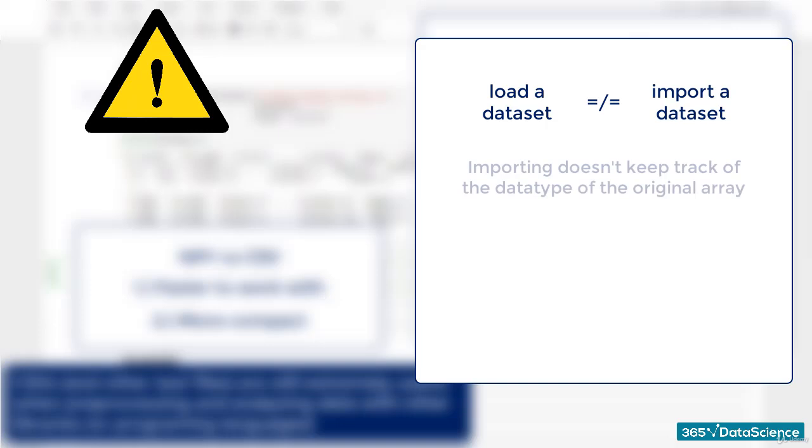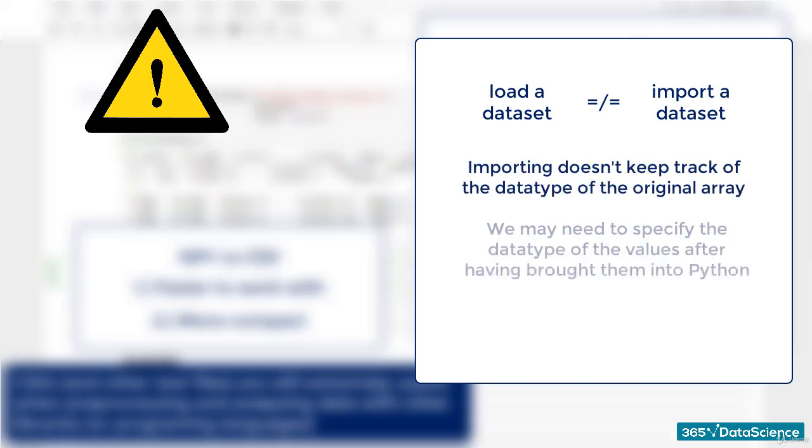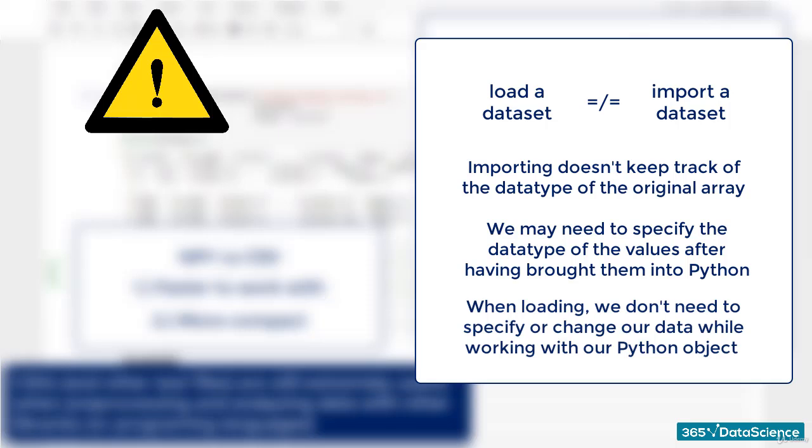The difference is importing doesn't keep track of the data type of the original array. That's why we may need to specify or modify the data types of the values after having brought them into Python. As opposed to this, when loading, we don't need to specify or change our data while working with our Python object.